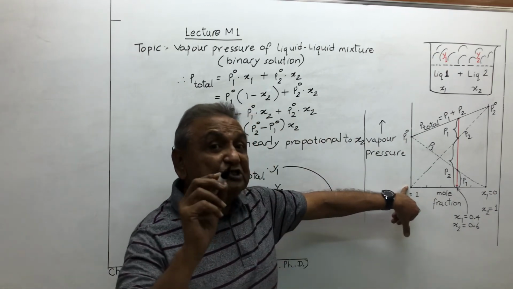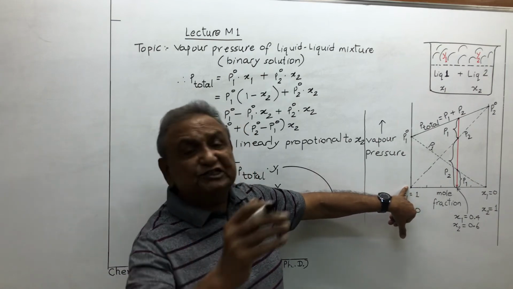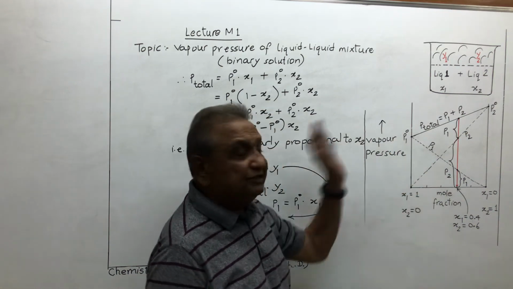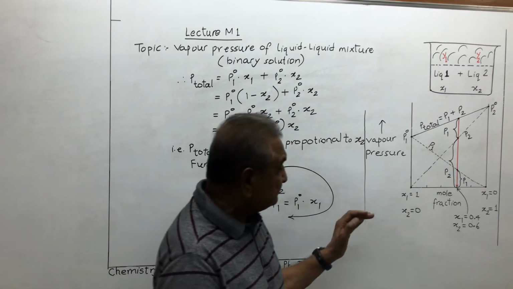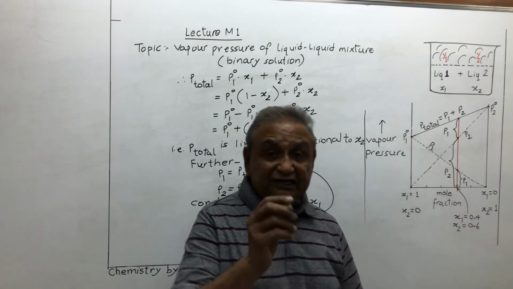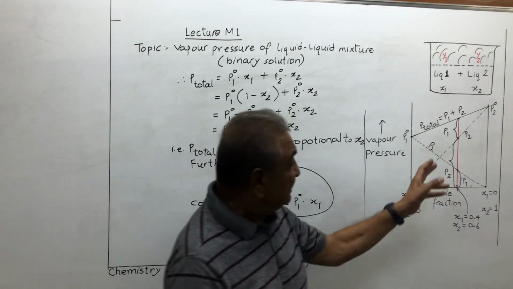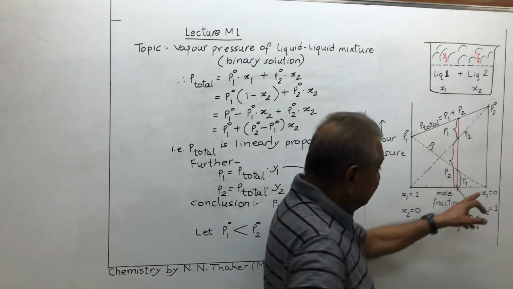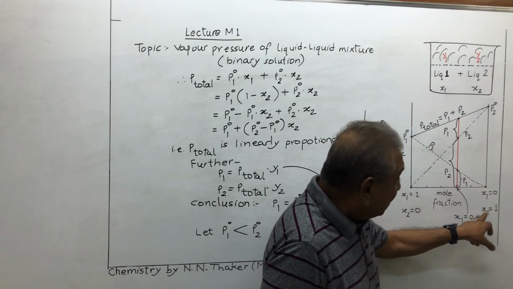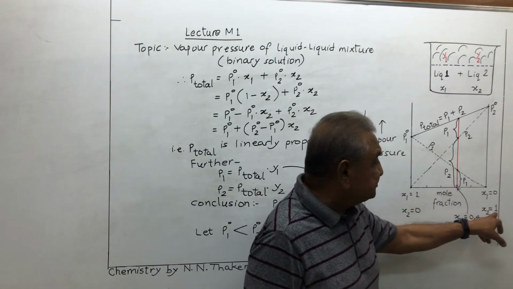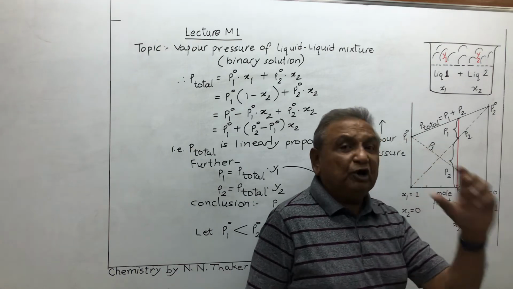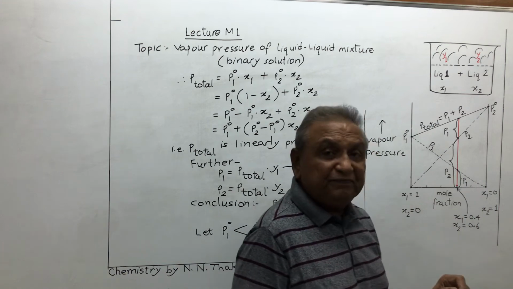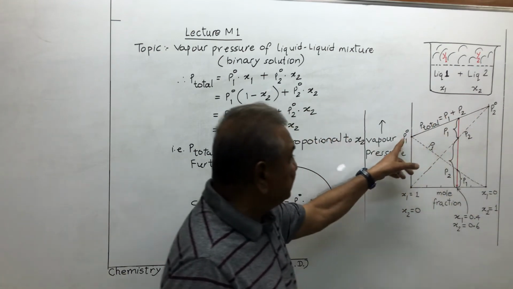Means it is only pure liquid 1 if taken separately. Then P10 is its vapor pressure. All measurements done at the same temperature. At this point, it is pure component liquid 2, mole fraction is 1. Means it is the pure liquid number 2, its vapor pressure P20, and P20 is greater than P10.